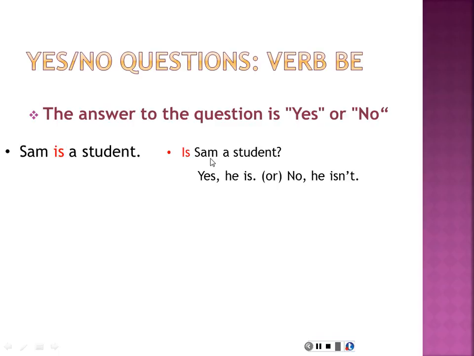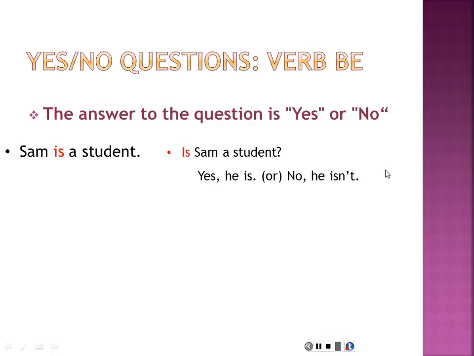Sam is a male, a guy, a man. So, yes, he is. This is for the case of yes, عندما تكون الإجابة نعم. Or if we want to say no, maybe he is not a student, so no, he isn't.